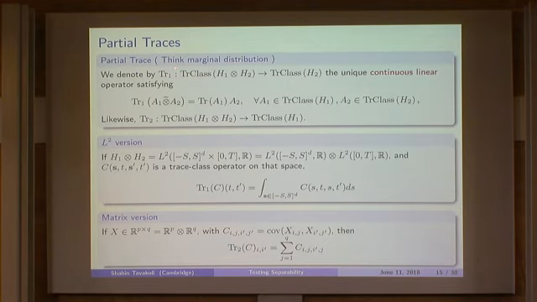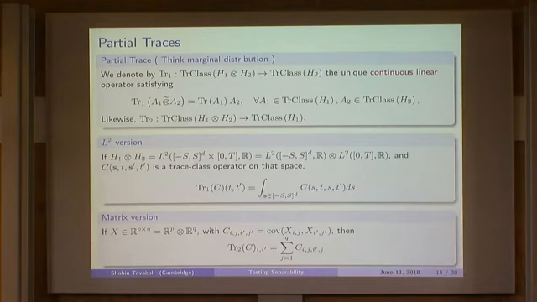If I have an operator on this space that is of the form A1 tensor A2, it maps it to the trace of A1 times A2. So this is indeed an operator on H2. And now the space of all these operators, if I close it linearly, is dense in this space, so I can extend it by continuity.